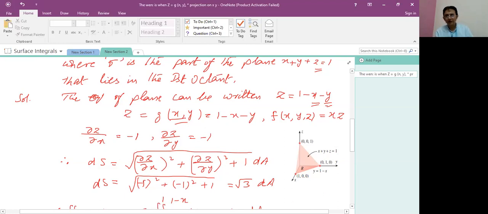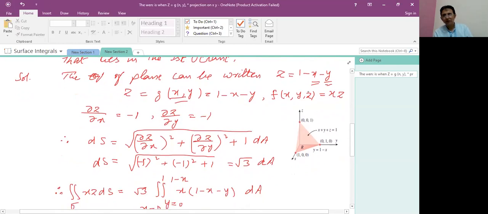After that, the limit of x: when we put y and z both 0 in the equation x plus y plus z equals 1, x is 1, so the limit of x is 0 to 1.